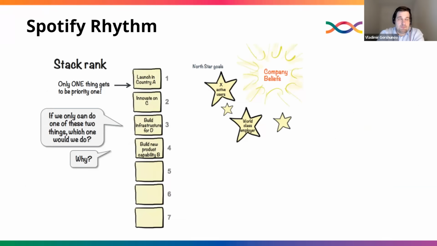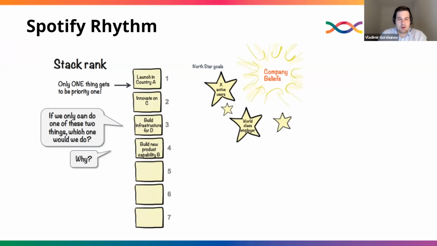And you can think about Spotify Rhythm as a kind of combination of the OKR approach and a Kanban system, an enterprise Kanban system. So basically, what they're saying, in a nutshell, you can find a detailed video, but just to see how it all connects together.